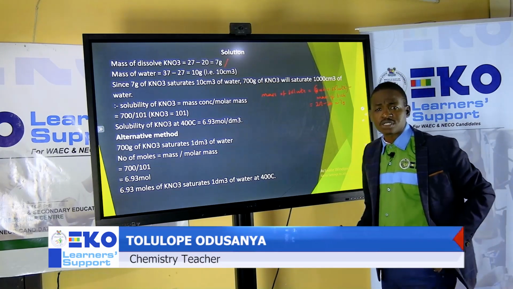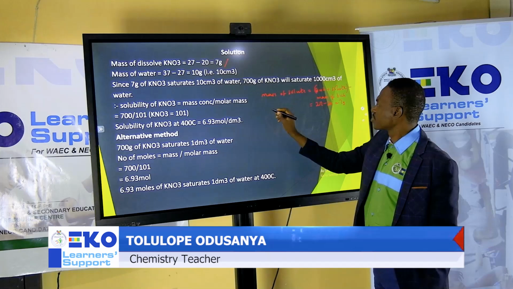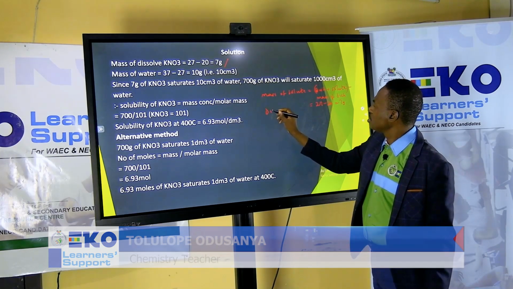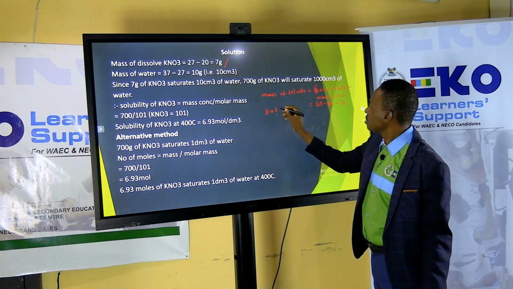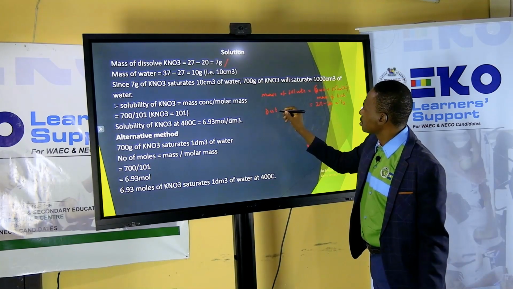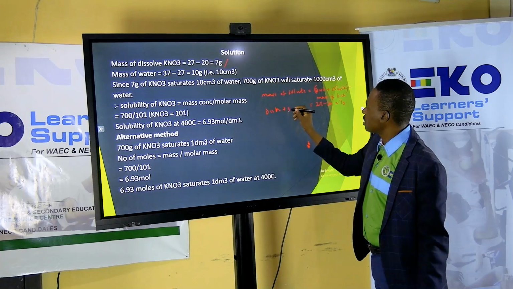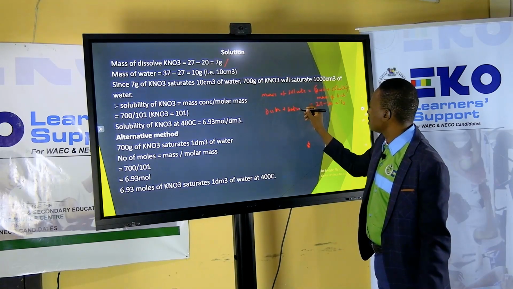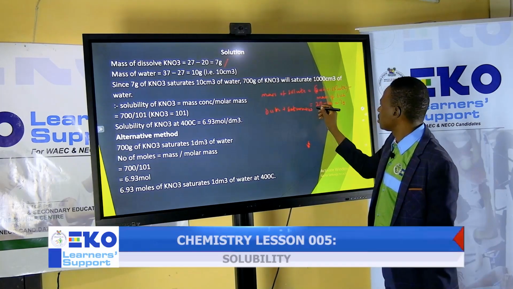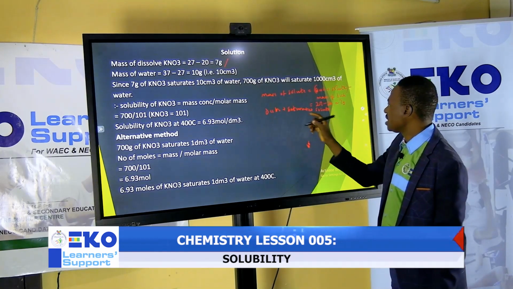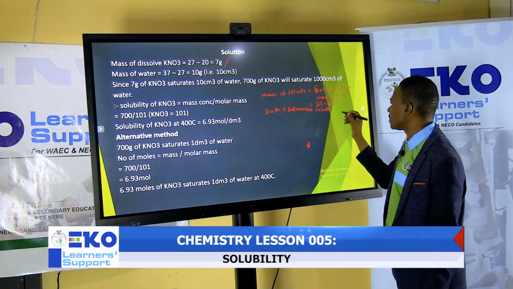Now, to get the mass of what? Solvent. That will be dish plus saturated solution. Dish plus saturated what?